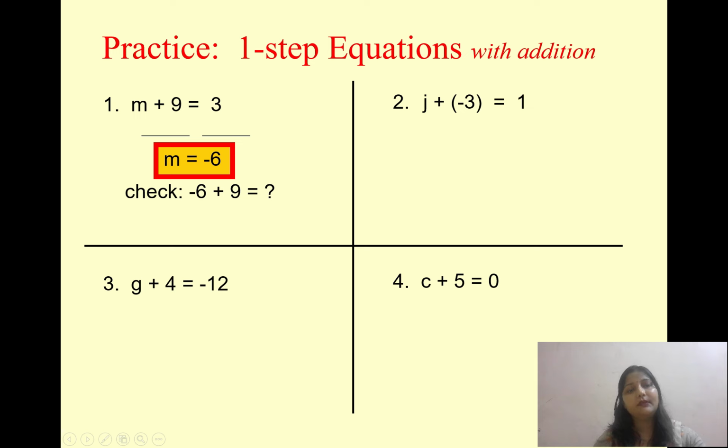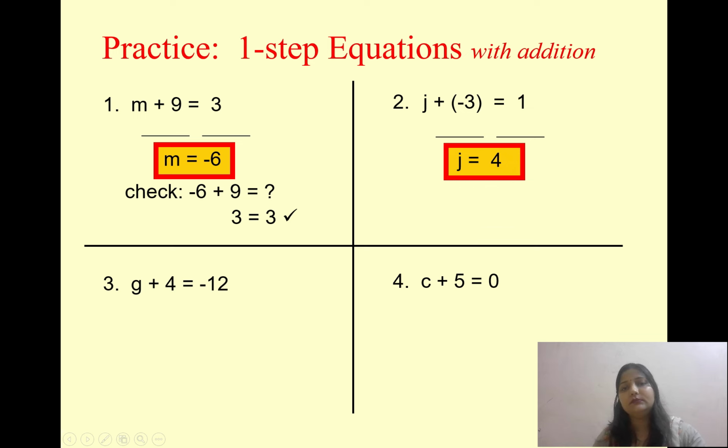Whichever number's sign is greater, we take that sign with the answer. How will you check whether your answer is right or wrong? You need to put the value of the variable into the same equation. If both sides, LHS and RHS, left and right hand side, are equal, your answer is correct.